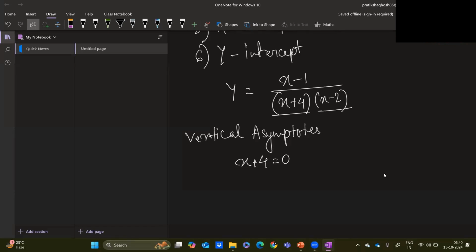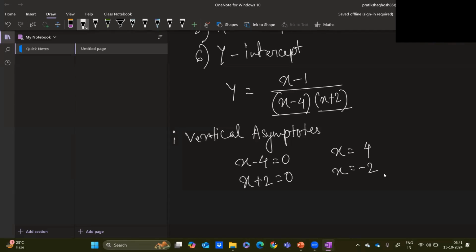I'm sorry, I have written something wrong. This and this are equal to 0. So we consider both of them as 0. Now we will solve for x. If we solve for x, what will we get? You get -2 and positive 4. Very good. So those are our vertical asymptotes.